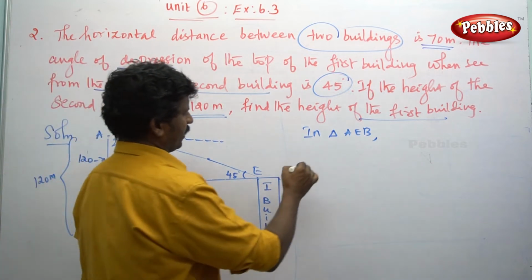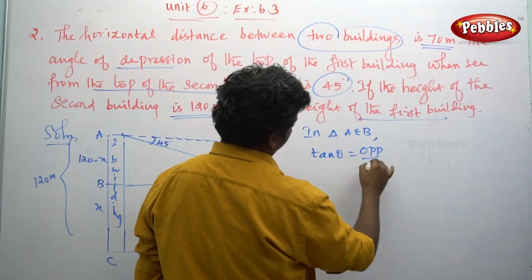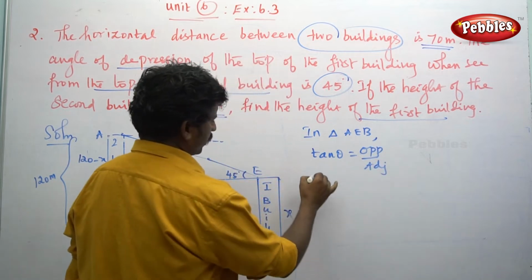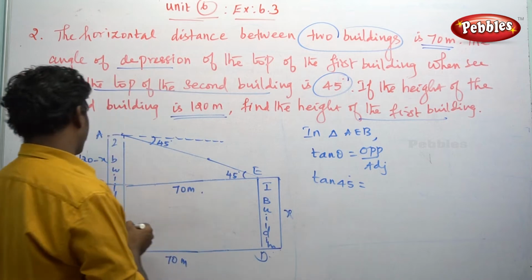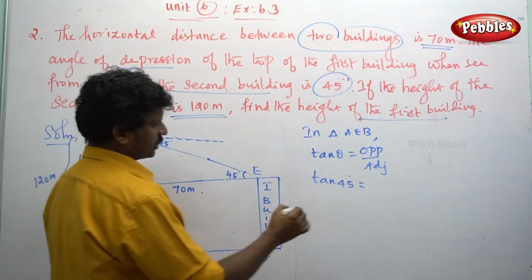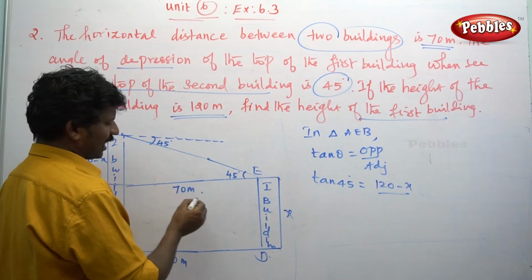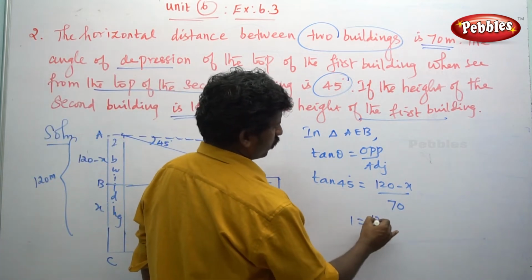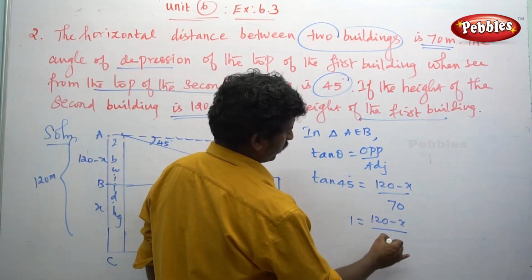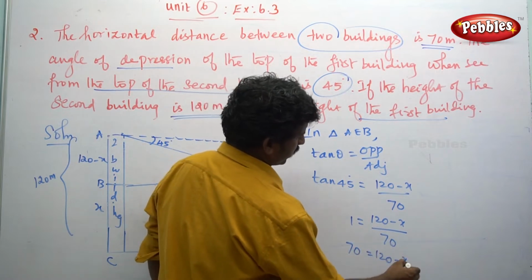So tan theta is equal to the opposite by the adjacent. So tan 45 degree is equal to, what is opposite here? 120 minus x by adjacent 70. Tan 45 degree, 1, is equal to 120 minus x by 70. 1 into 70, 70 is equal to 120 minus x.